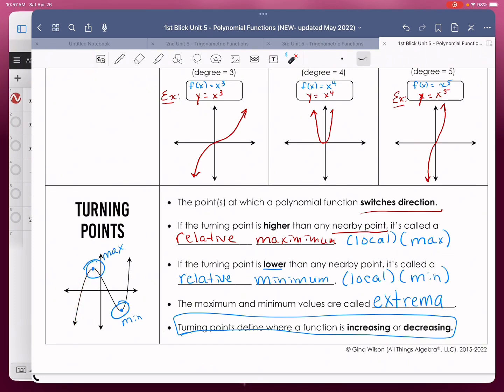So from here to here, that would be an increase. Then from here to here, this next block, that's a decrease. And it stops at your point here. Now what happens from here to here? It's an increase again. So these turning points are the places where decreases and increases start and stop.